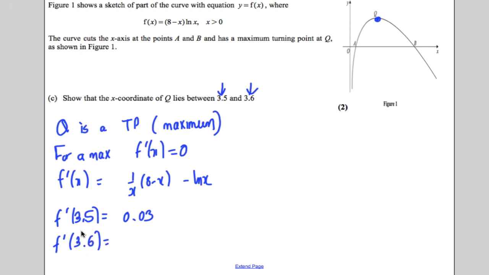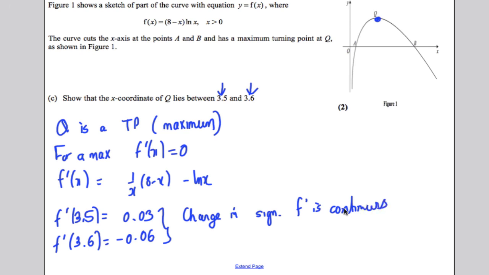Substituting 3.6, yes indeed, you get negative 0.06. And then you can say change in sign. You can say that f dashed is continuous, therefore root between 3.5 and 3.6. And you're done.